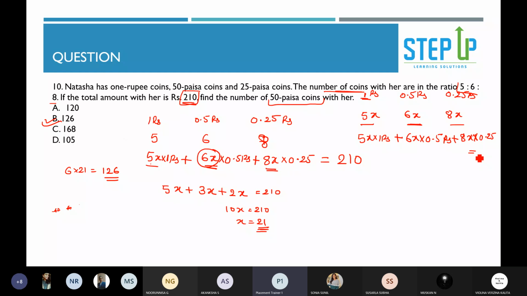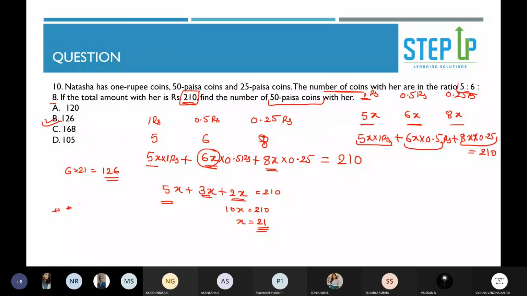Understood? And this is equal to 210. So I'll multiply this. I'll get 5x. When I multiply 6x into 0.5, I'll get 3x. When I multiply 8x into 0.25, I'll get 2x. Fair enough? Yes, ma'am. All right.